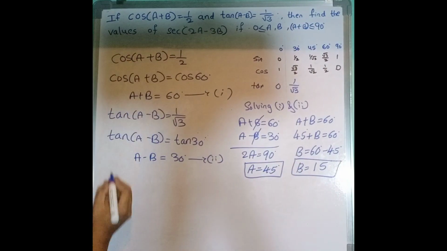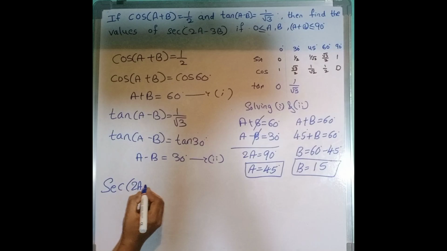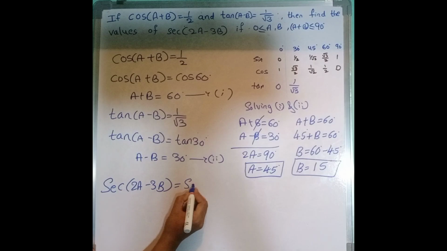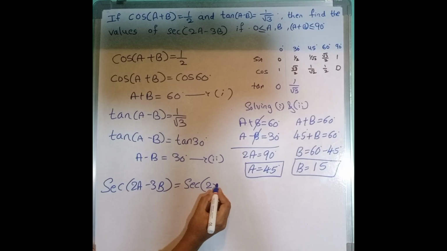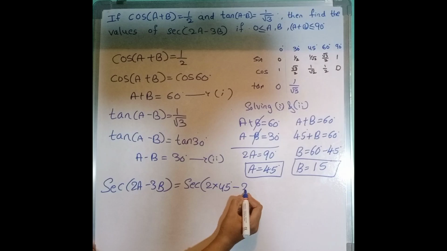Next, they ask secant of (2A minus 3B), which is equal to secant of 2 into A, which is 45 degrees, minus 3 into B, which is 15 degrees.